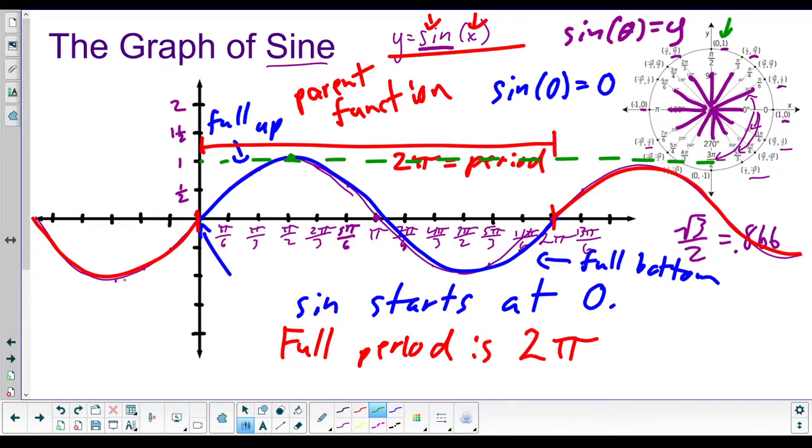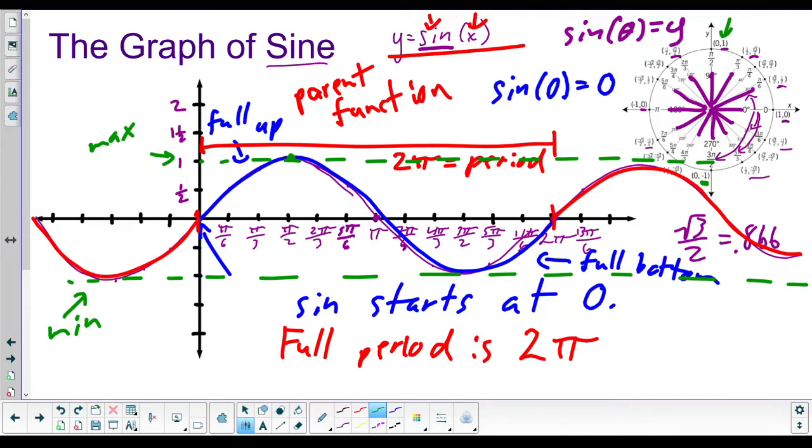And likewise, it never goes below this line, which is at -1, because the smallest number you ever see on the unit circle is -1. So these are our maximum and our minimum for this graph. A lot of information, but it'll be fine. All right, let's go look at our cosine graph.